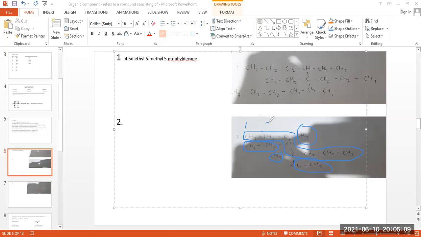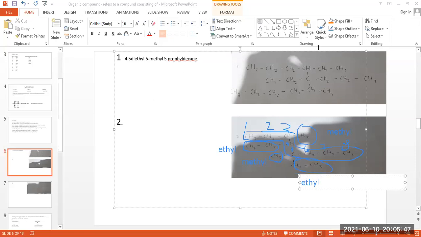I think this is nearer: 1, 2, 3, 4, 5, 6, 7, 8. Okay. Now we name the branches. This one is only one branch, methyl. This one ethyl here. This one methyl, and this one ethyl.